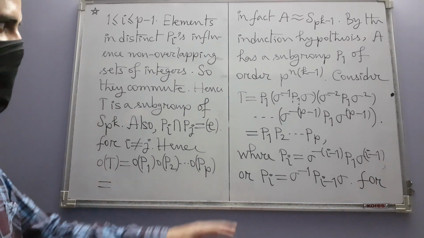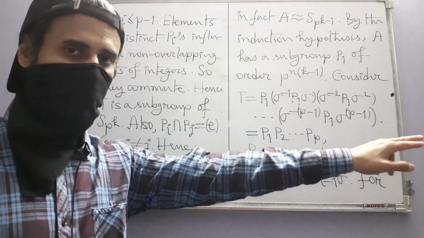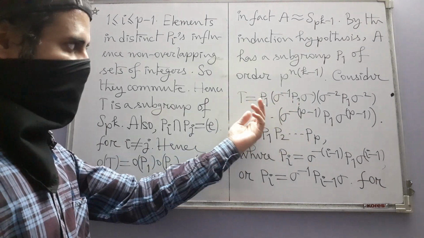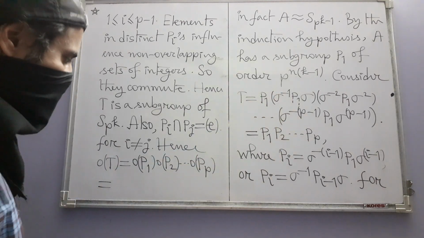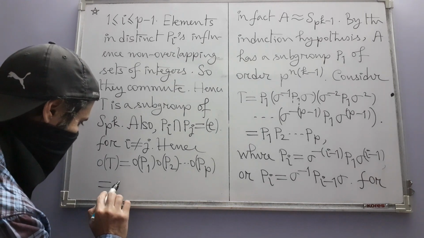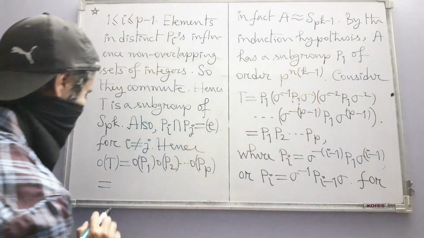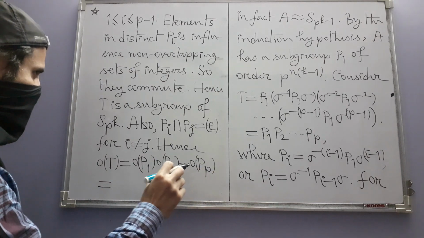However, just now we have said that because these are conjugates of one another, all of them have the order of P1. So the order of P1 is what? This. How many of them are there? p.